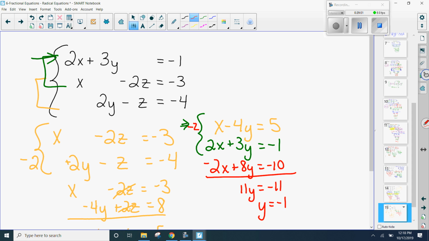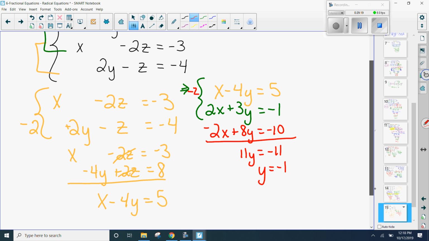So what is Y equal to? Negative 1. Where do I put that? Well, you have lots of choices. You can put it in here, here, here, here. If you put it in the bottom one, solve for Z. If I put it into the bottom equation to solve for Z, you get 2 times negative 1 minus Z equals negative 4.